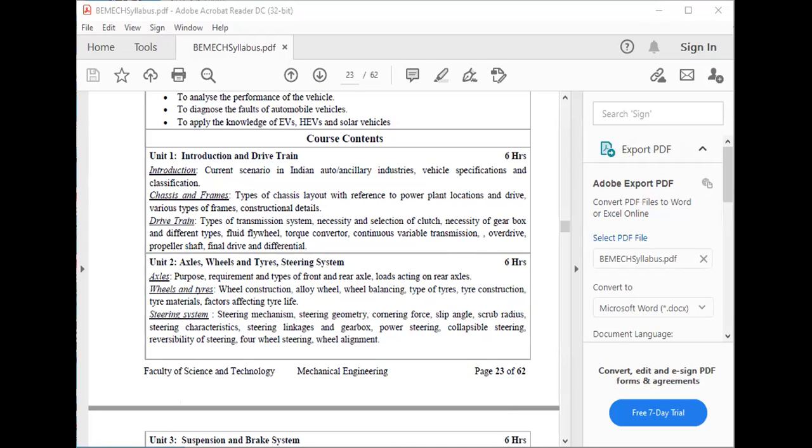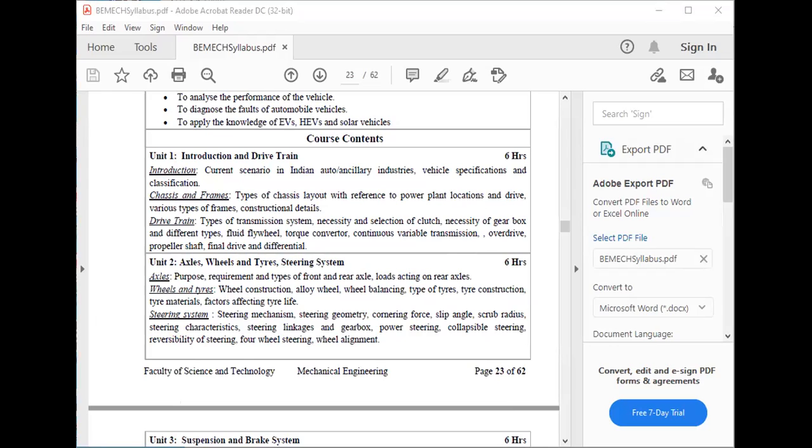Okay, so if we see the clutch, it is a mechanical device that facilitates the transmission of power and motion from one component to another, that is driving member towards the driven member when engaged, with a provision for disengagement whenever required.